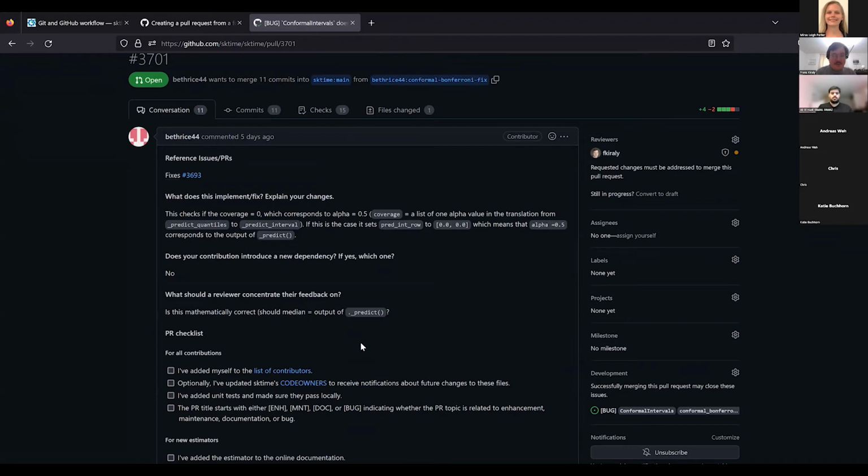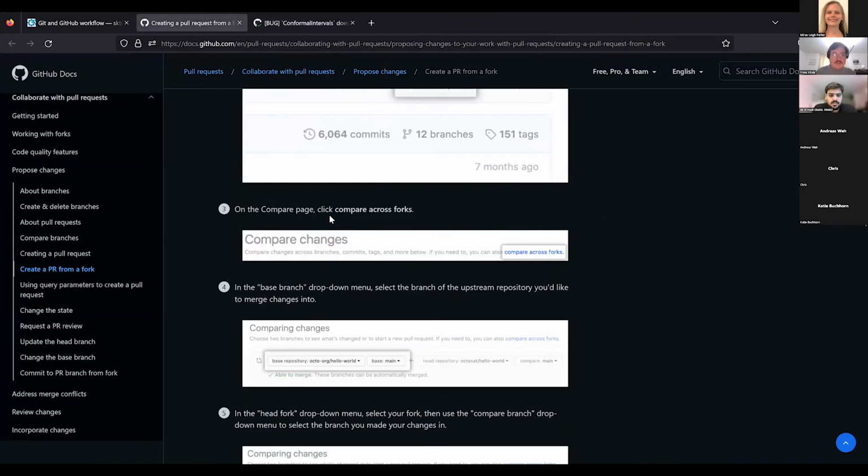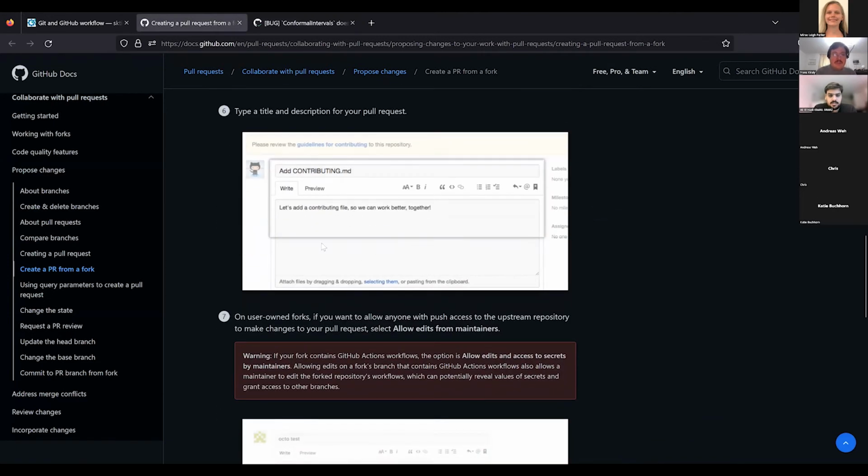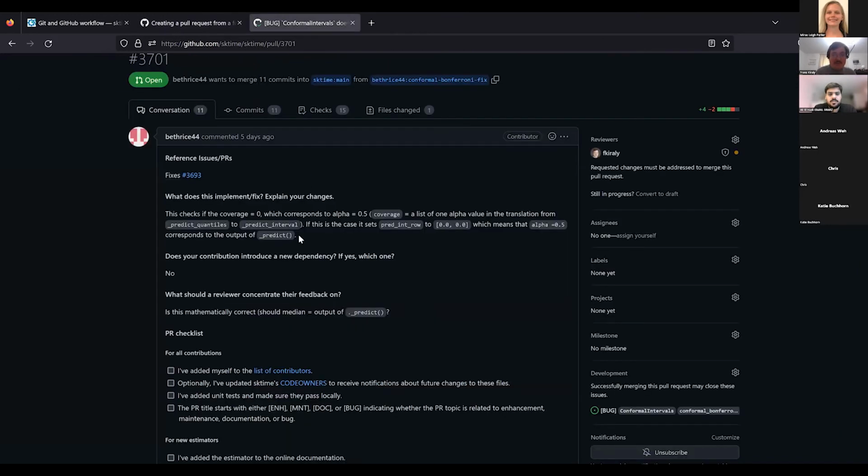So if you open a pull request, this is how it's described. At some point you will see this window, and here you need to describe what you are doing in the pull request. So I have added a documentation page for XYZ, or I've added the following piece of code, or I fixed a bug.